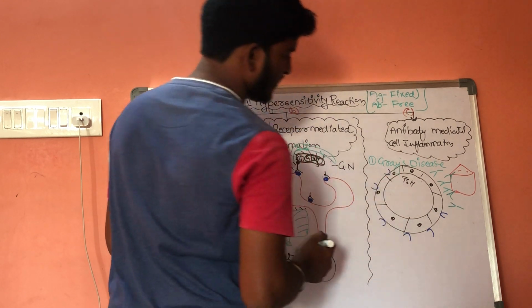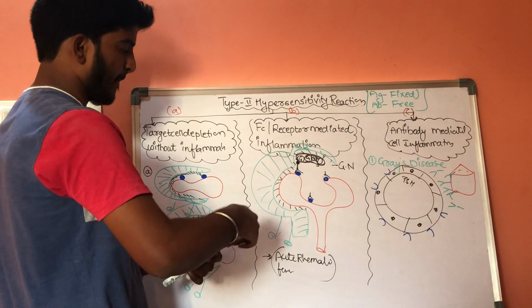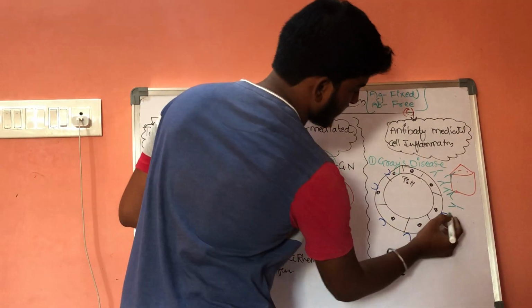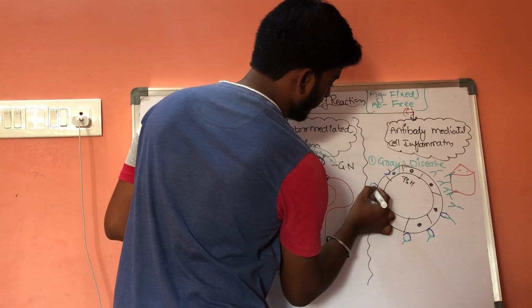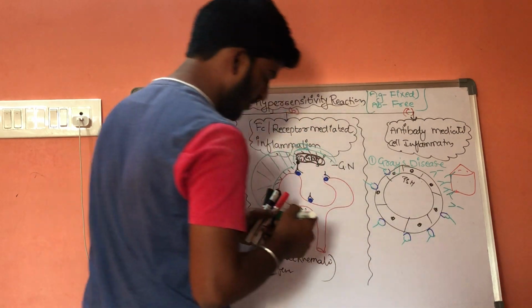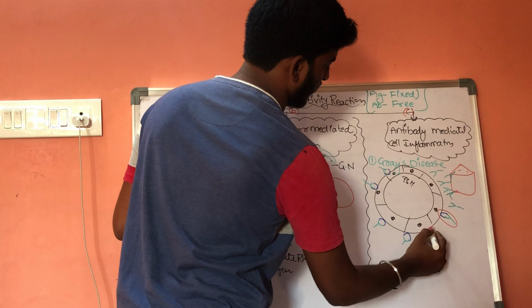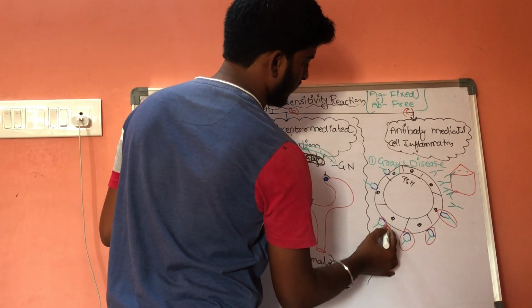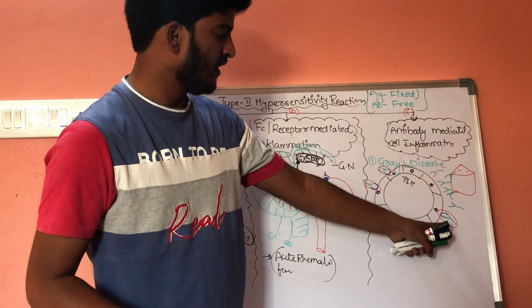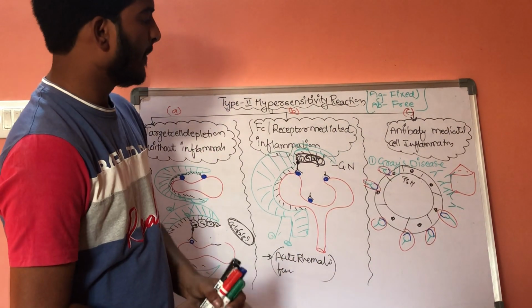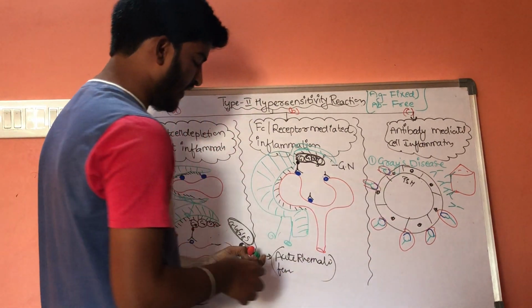It contains the receptors for this special type of antibodies. Now, these antibodies will get attached here. It forms antigen-antibody complexes. Now, the function of this TSH follicle will get increased.